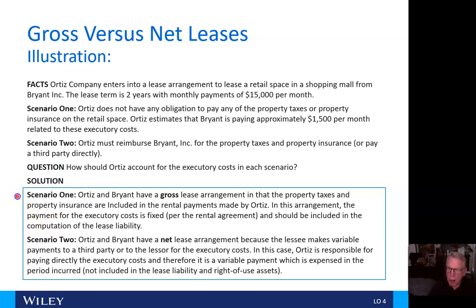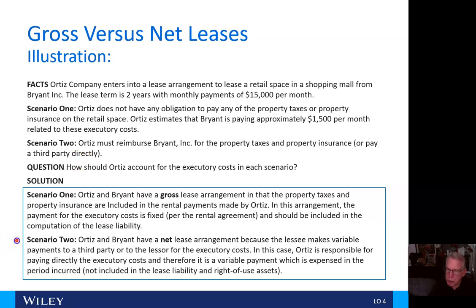Under scenario 1, Ortiz and Bryant have a gross lease arrangement in that property taxes and property insurance are included in the rental payments made by Ortiz. In this arrangement, the payment for executory costs is fixed per the rental agreement and should be included in the computation of the lease liability.